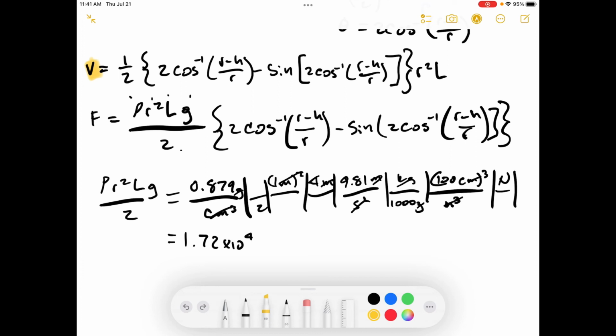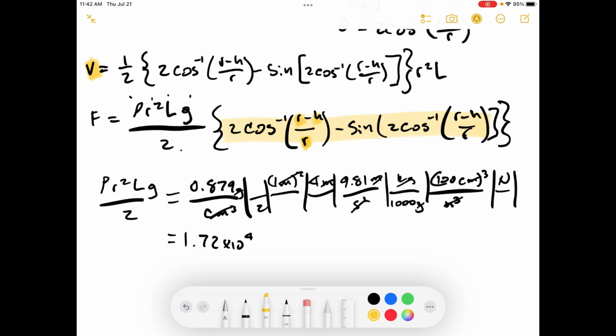Now we need to deal with this term in the brackets right here. This term in the brackets is unitless. You just need to make sure that the units of R and the units of H are the same. And so it's told us that we needed to have H in units of centimeters, so we need to make sure that R is in units of centimeters as well.